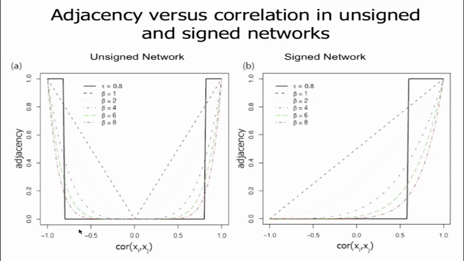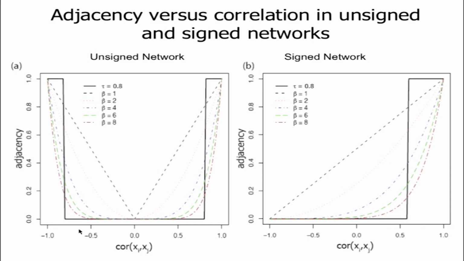Here on the right panel, I show how the correlation on the x-axis relates to the adjacency on the y-axis for different threshold choices. Each line corresponds to a different power. Now, notice when you have reasonably large powers, then all the negative correlations always result in an adjacency that is very close to 0, right?